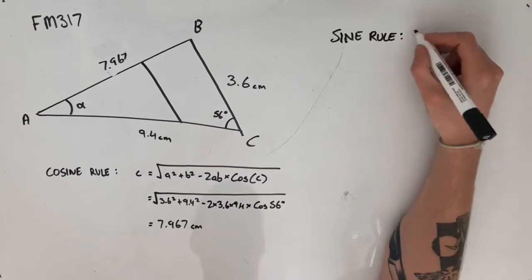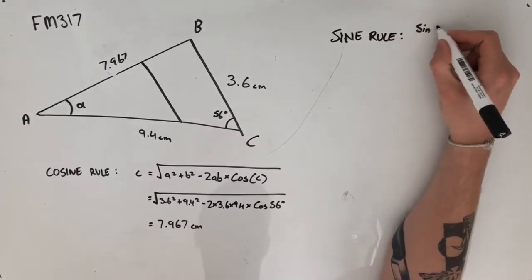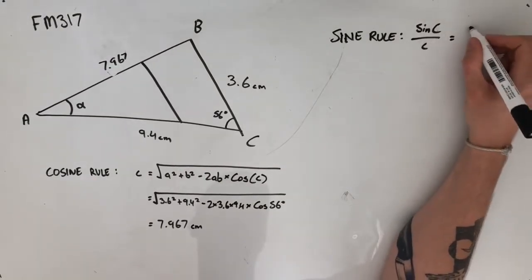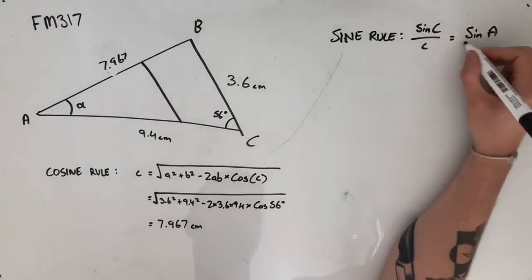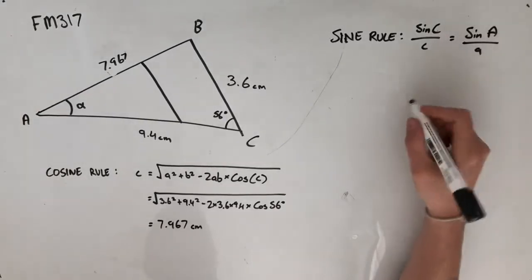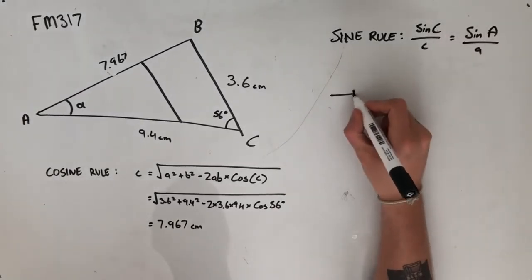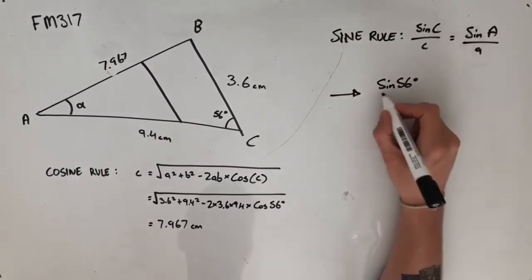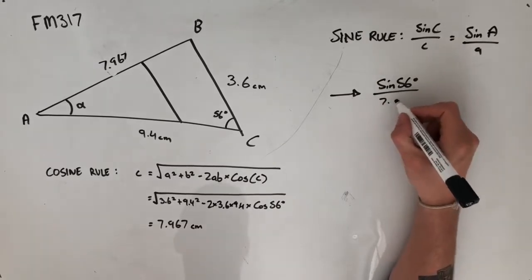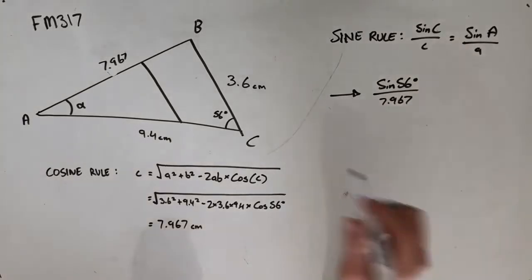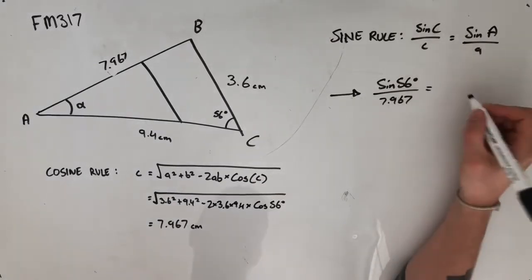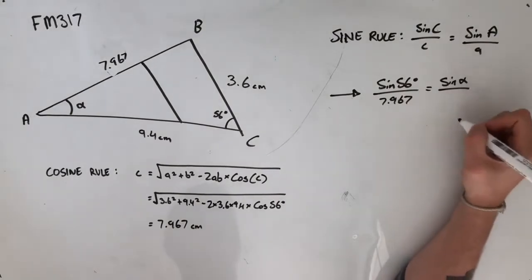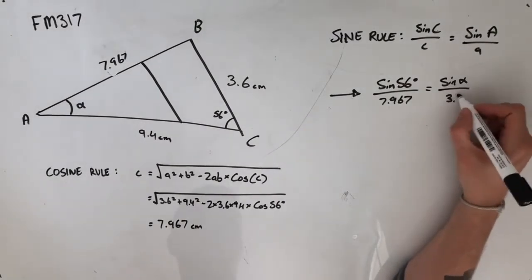So the sine rule that we're going to use here is sine of C over C should be equal to sine of A over A. Substituting our known values in here, we should get sine of 56 degrees over 7.967, or here's where you can copy and paste your answer from earlier into your calculator, is equal to sine of alpha over 3.6.